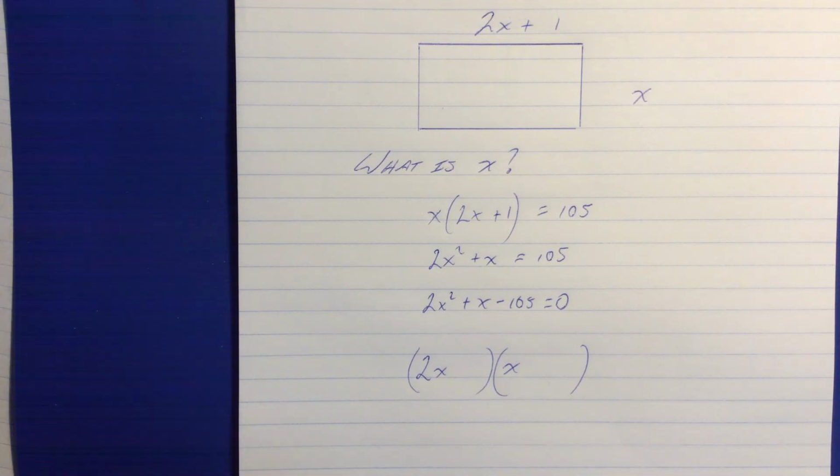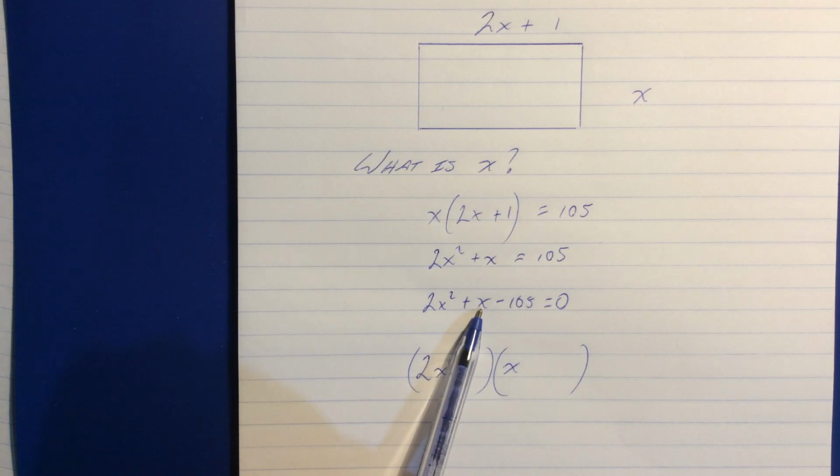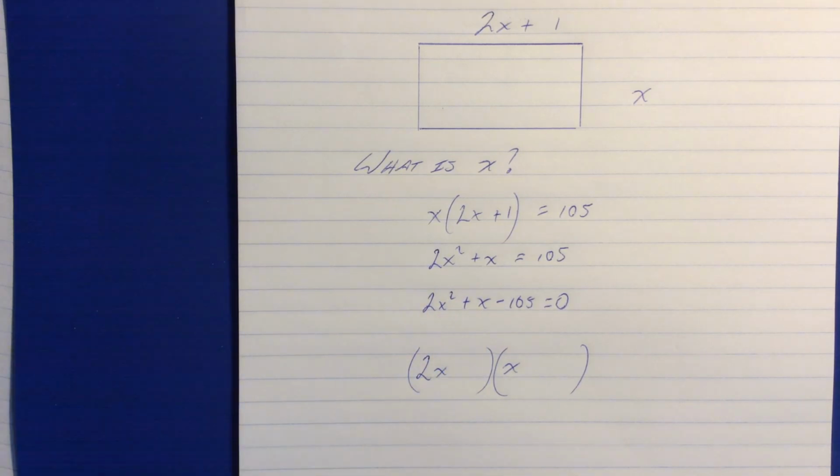I might get lucky the first time. So I look at 105 and I say to myself, this has got to have a factor that ends in 5. So factors of 105, well, 5 and 21. 5 and 21 is not going to combine in such a way that I'm going to wind up with one positive x here.